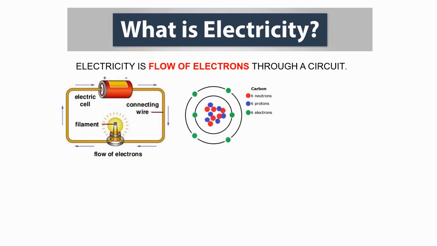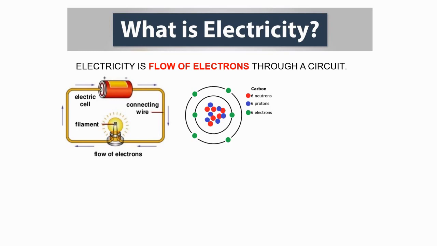In the second picture, we see the atomic structure of the carbon atom. The blue colored protons and the red colored neutrons are situated at the center of the atom, and this is nothing but the nucleus of an atom. The green colored electrons are revolving in orbit around the nucleus.